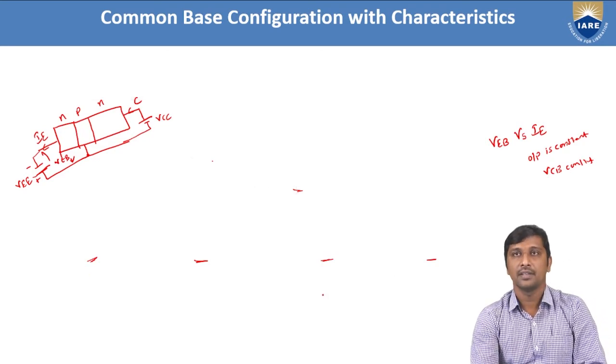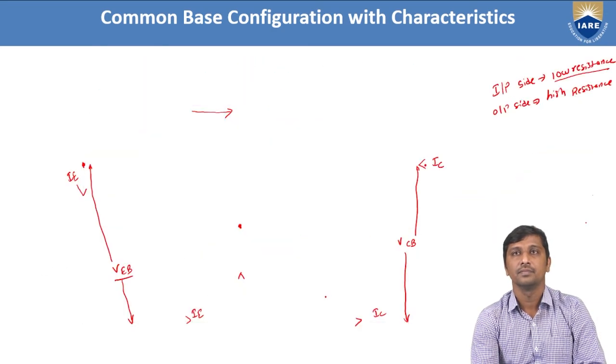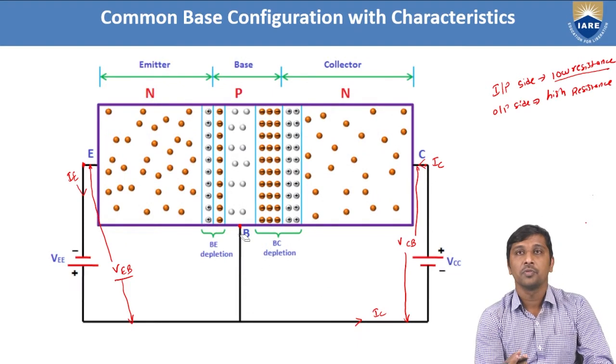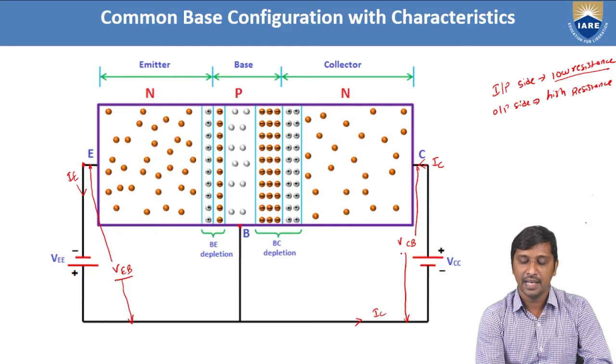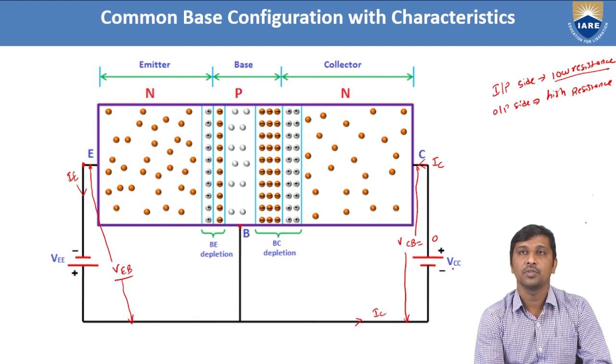If you look at this configuration, when the two junctions are formed, let us consider these are the internal depletion layers. Here I made VCB constant. Suppose in the first case VCB is 0, or VCC is 0. Due to the 0 voltage, a depletion layer is formed between collector and base.